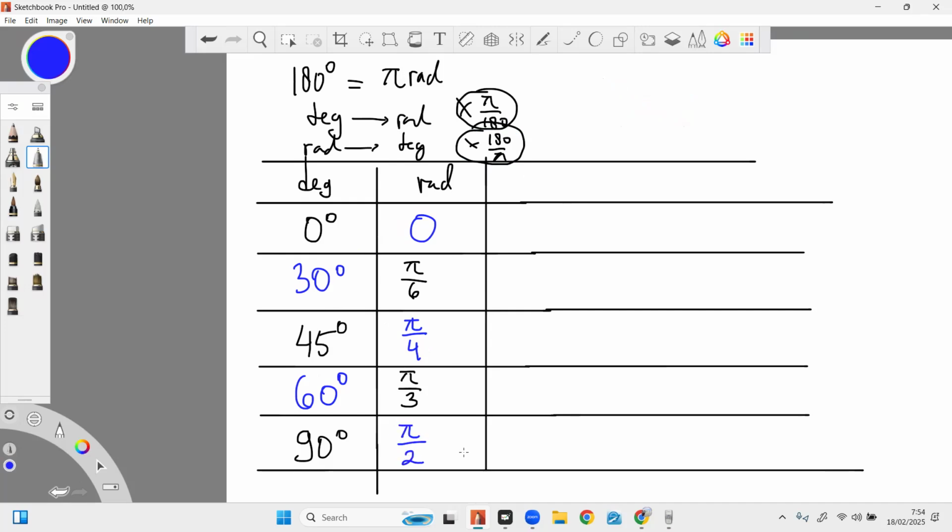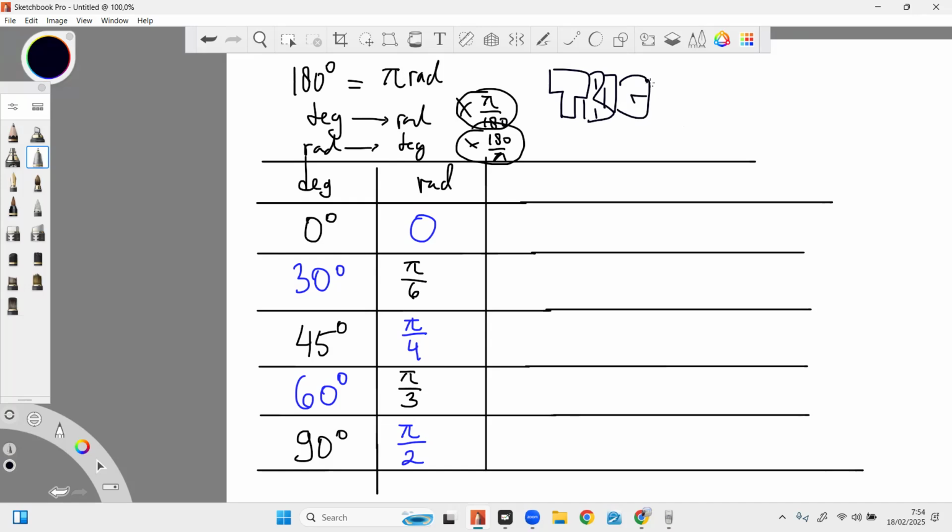Pi over 2. Now, why do I take these angles? Because these angles are special angles. So we are focused back to the trigonometry of special angle.